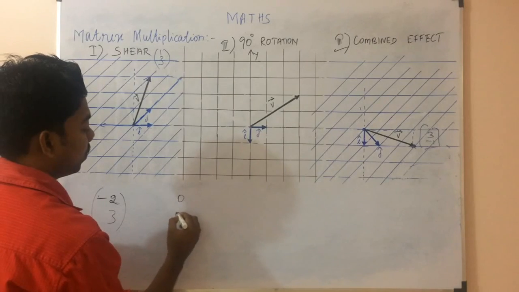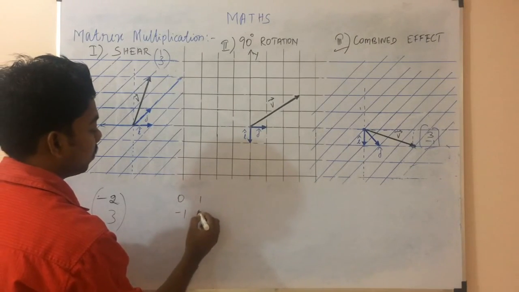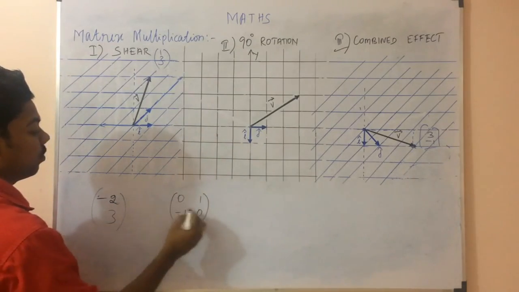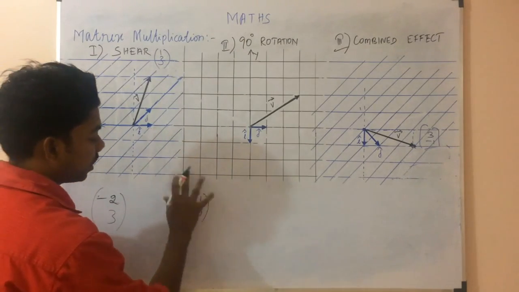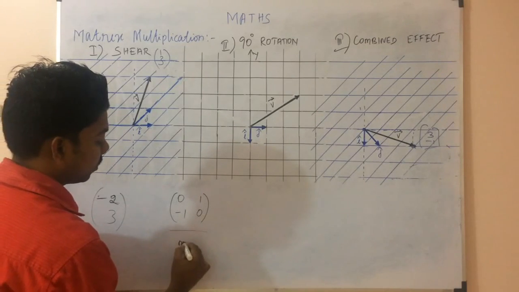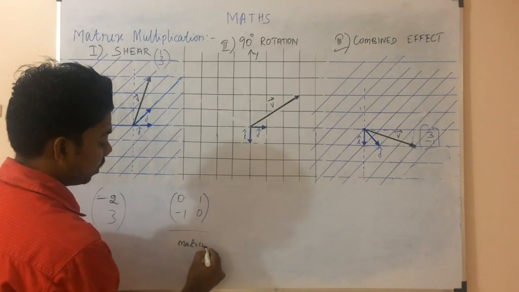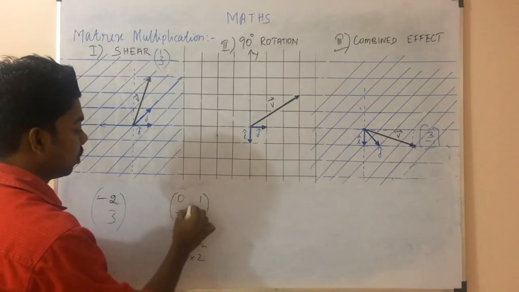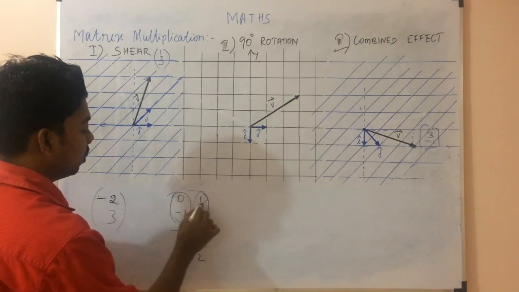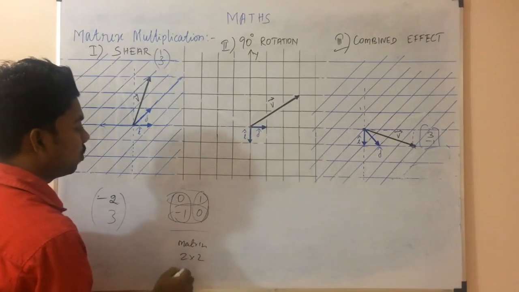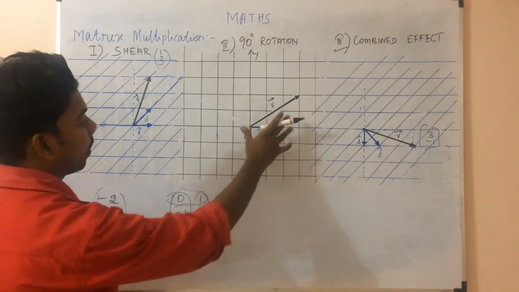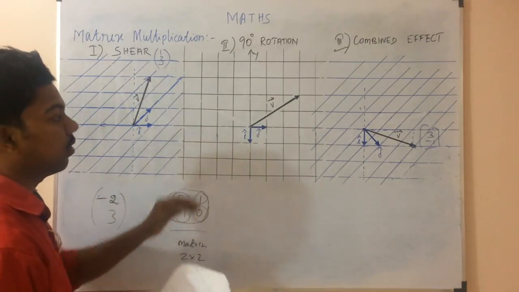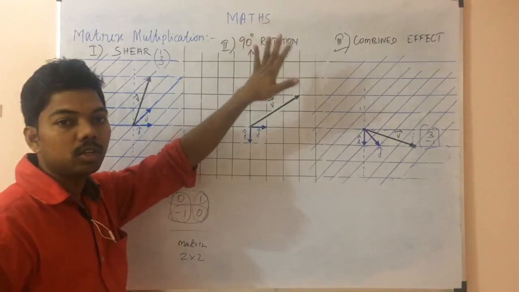So what is the position of i cap? 0, minus 1 and 1, 0. This is the position of i cap. So if you multiply with this transformation, this denotes the matrix, a 2 by 2 matrix, because it has 2 columns and 2 rows. Now, because we are taking the 2D space, here we are dealing with only 2 dimensions.